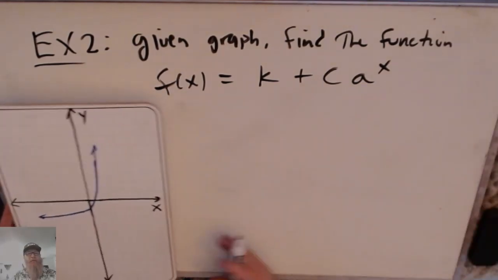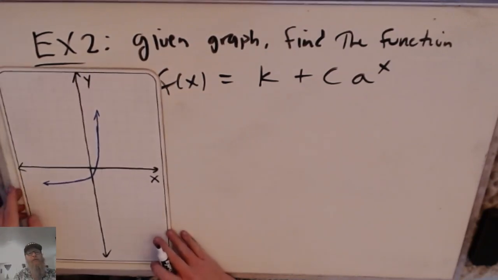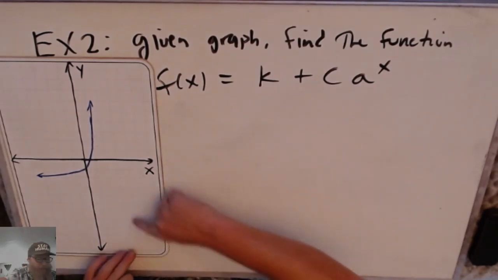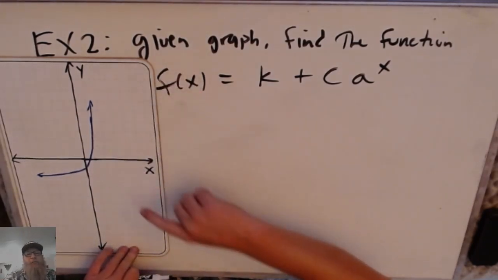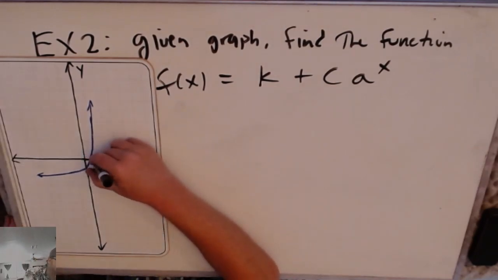And I've got a graph here pre-made for this presentation. So suppose you already have the graph. Now, I'm not sure how clearly you can see the grid lines, but each of these grid lines is 1 unit.